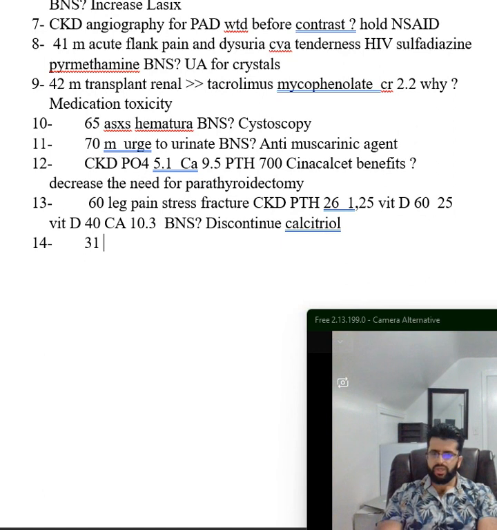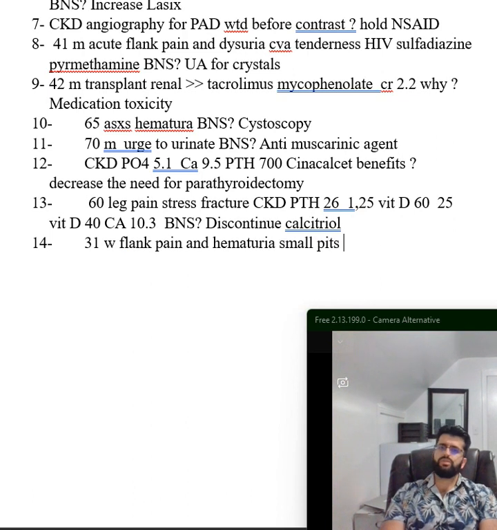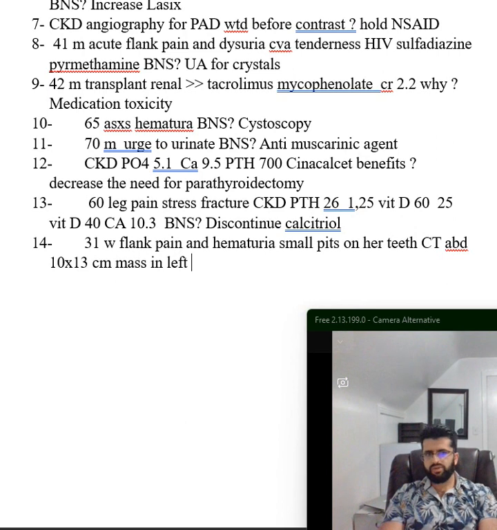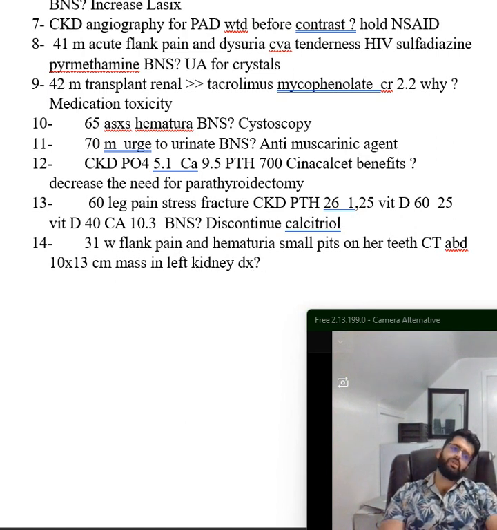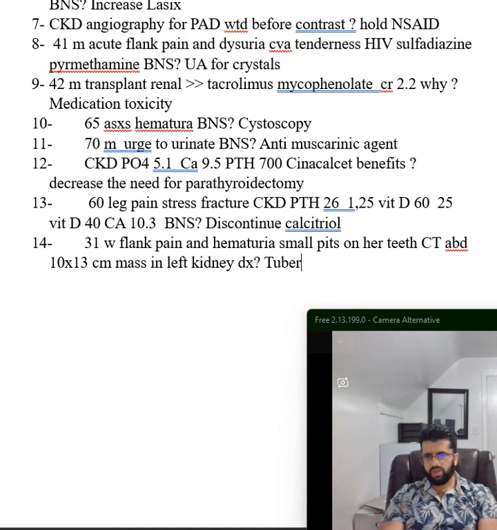All right, now this is another easy case. You see a 31-year-old woman with flank pain and hematuria, and then scattered small pits on her teeth. CT abdomen shows a 10 by 13 centimeter mass in the left kidney, and they want to know the diagnosis. Which one causes pits on the teeth and a kidney mass? This is tuberous sclerosis complex.